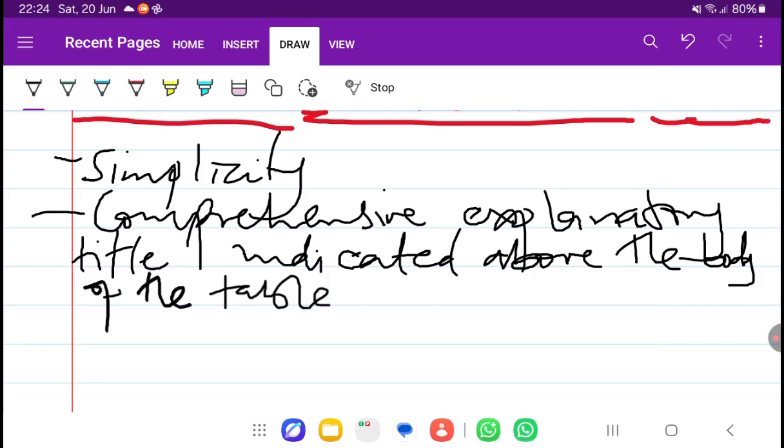Because we need to understand what that table is representing. That's why we always give them titles, and these titles should be easily understood by the respondents.